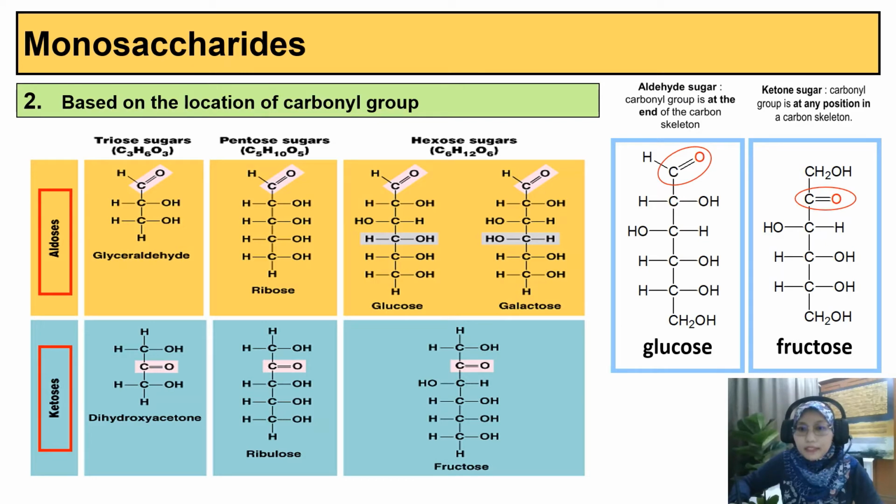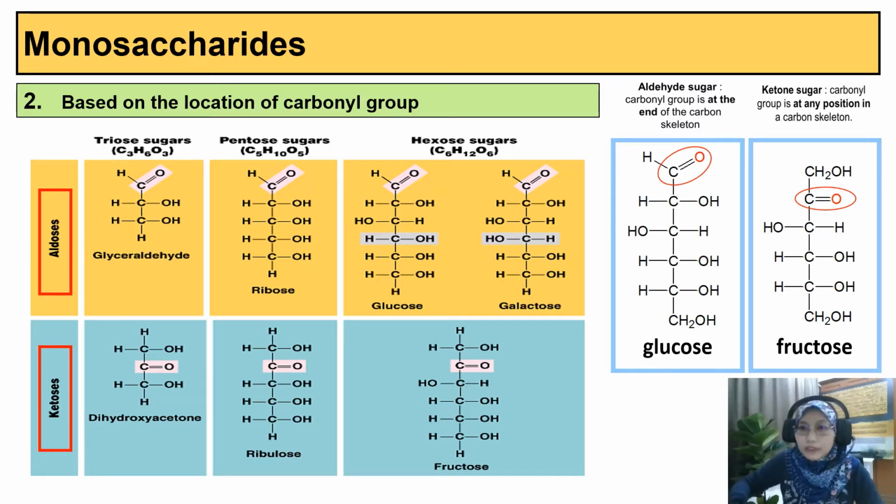From this figure, we can label the carbon number according to the position of the carbonyl group. 1, 2, 3, 4, 5, 6. So the position of carbonyl group is located at the end of the carbon skeleton at carbon number 1.